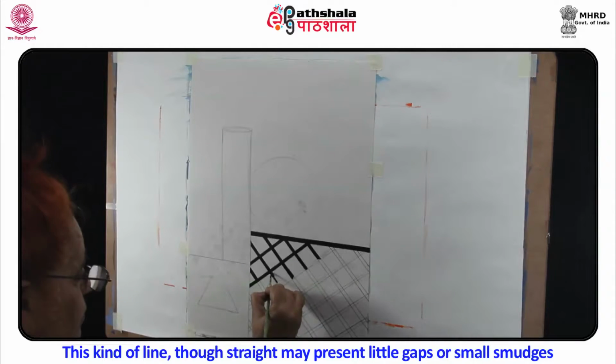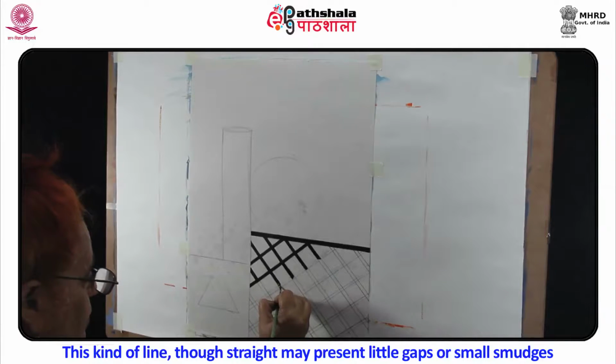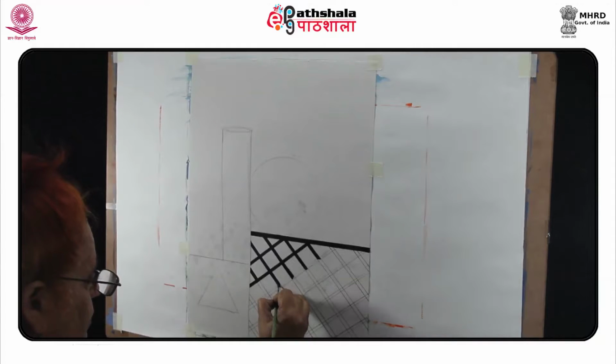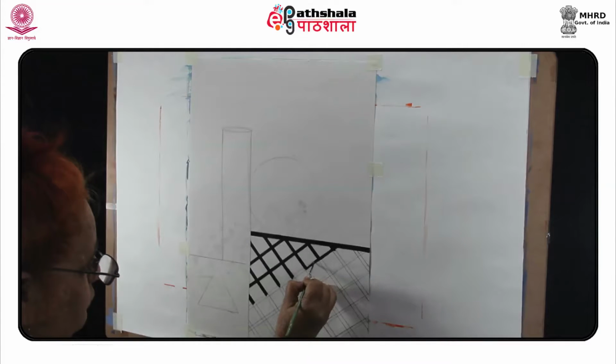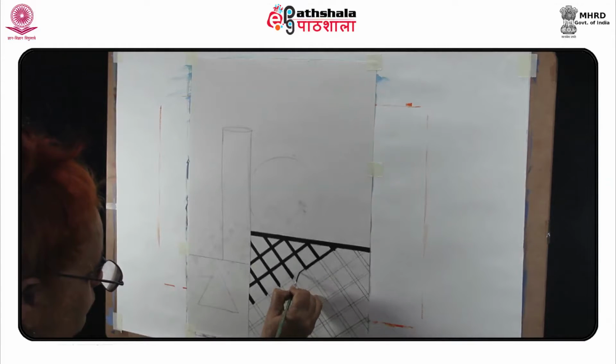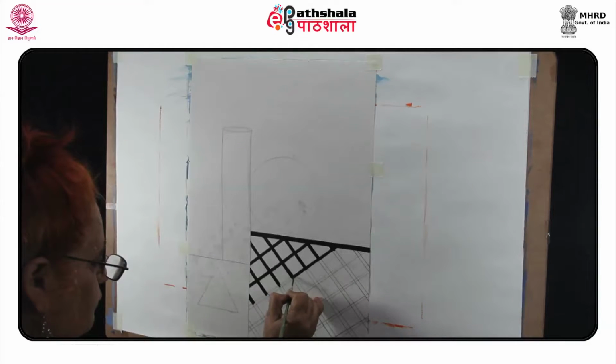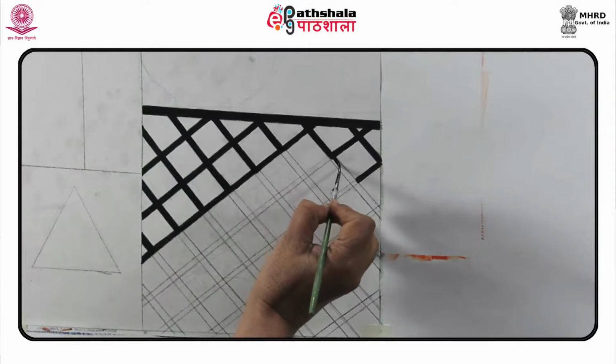This kind of line, though straight, may present little gaps or small smudges. An alternative to this, for shorter lines, is to use the straight side of a painting knife.